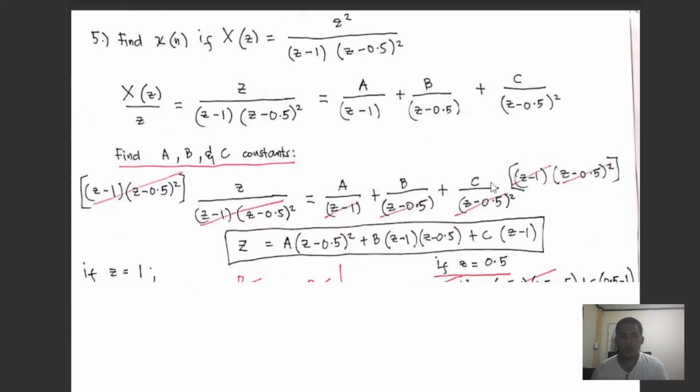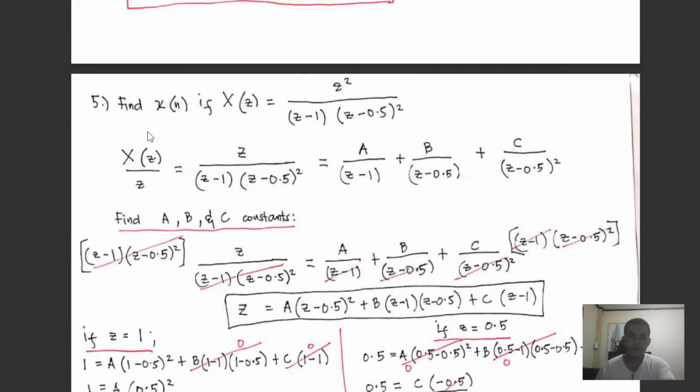Okay, so number 5, the last number, is: find x of n if the system X(z) is equal to z squared over z minus 1 multiplied by z minus 0.5 raised to the power of 2. So the first step is to divide both sides of the equation by z.